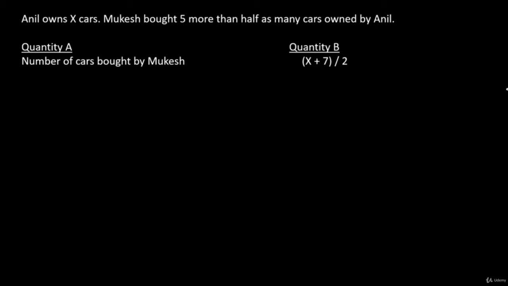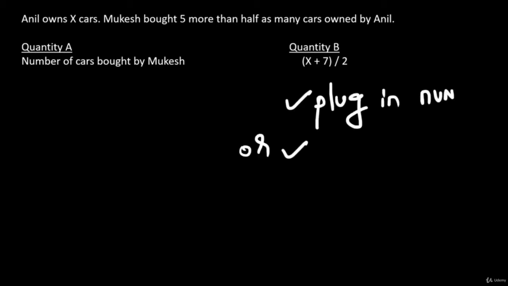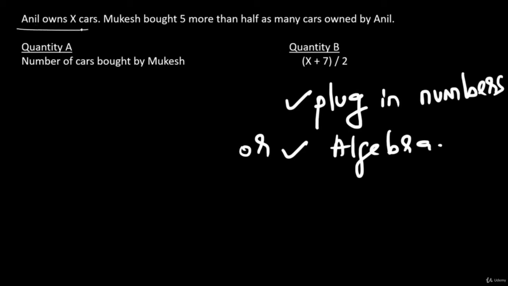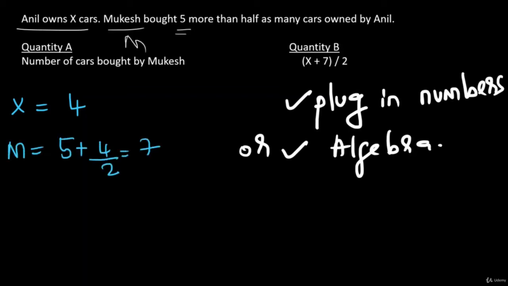Now, you can solve this question either by plugging in numbers or by using algebra. Let's try both. If I take X as 4, that is the number of cars owned by Anil, what would be the number of cars that Mukesh has bought? That would be 5 more than half as many owned by Anil, which is 4. Let's take that as M. M would be equal to 5 plus 4 by 2, which is equal to 7.